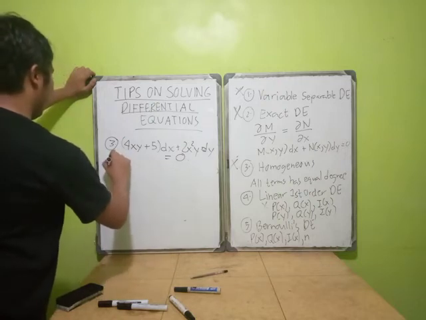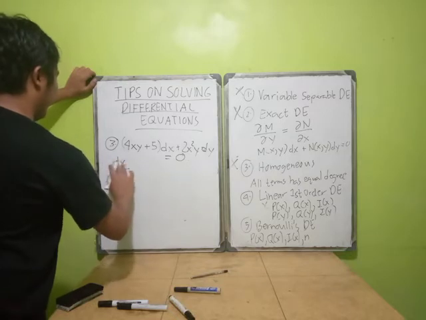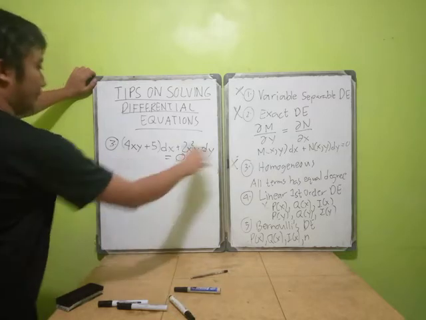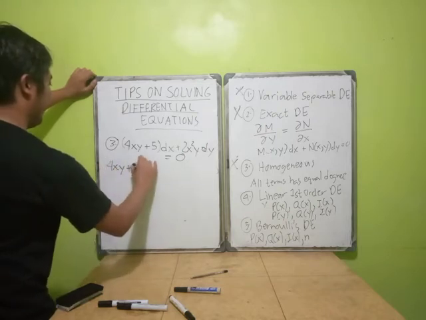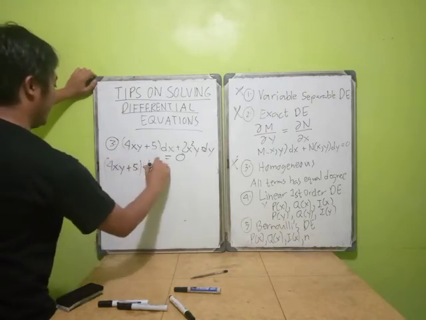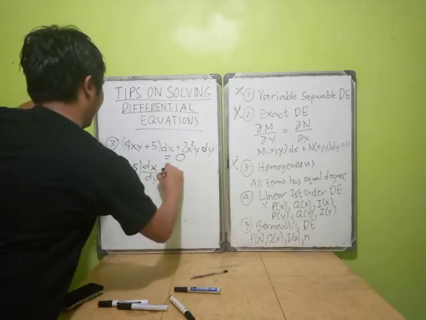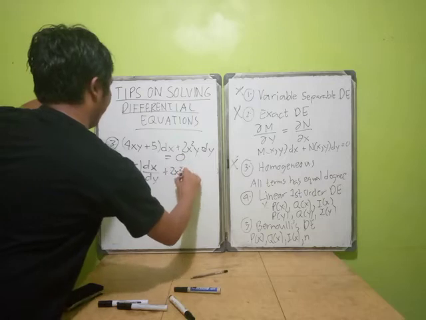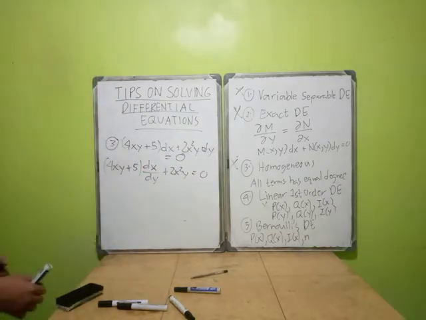So, maging dx over dy siya. Yung nauna, i-divide ko muna by dy. So, magiging 4xy plus 5 dx over dy plus 2x squared y. Okay, nawala, dinivide ko ng dy, so magiging ganyan na.